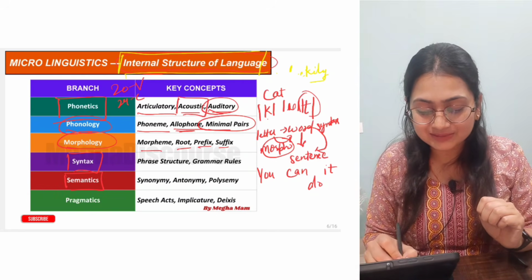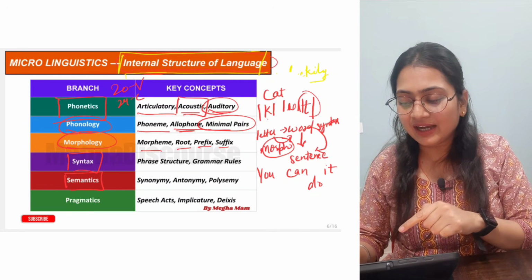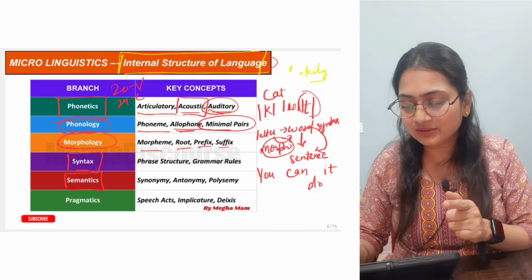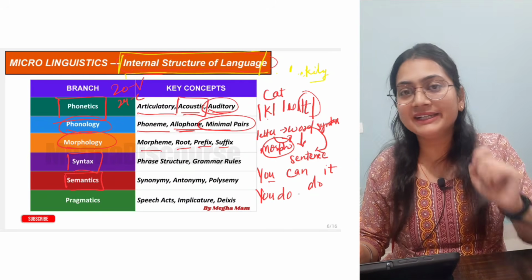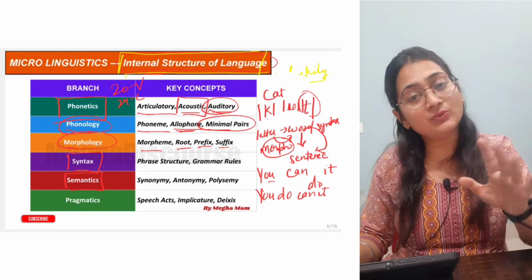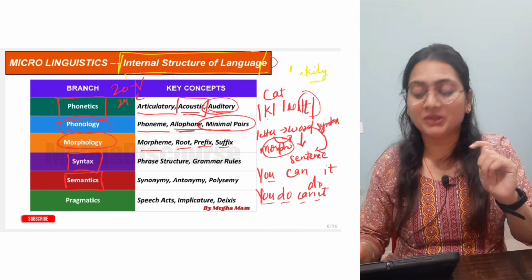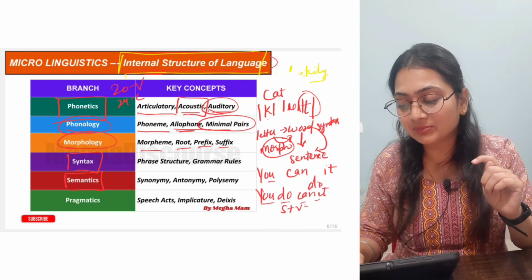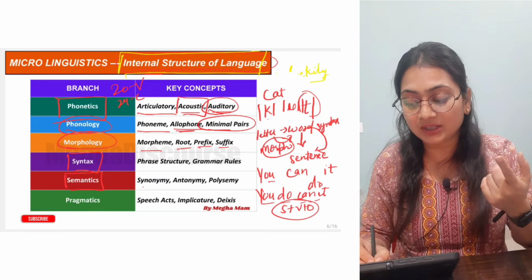Now, semantics. That means the study of meaning. If I write you, do, can, it, this is semantically correct because we can understand it. But syntactically it is wrong because the subject plus verb plus object pattern was broken here. So this is semantics, the study of synonymy, antonymy, polysemy.